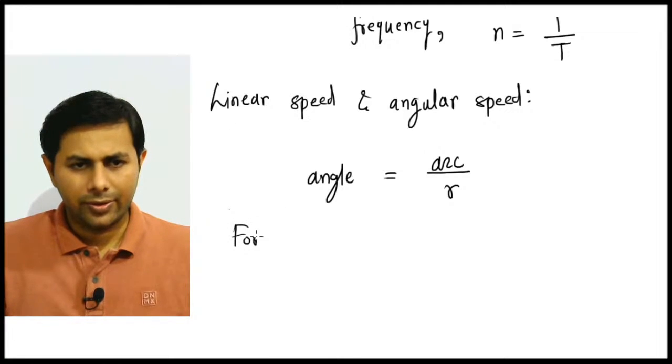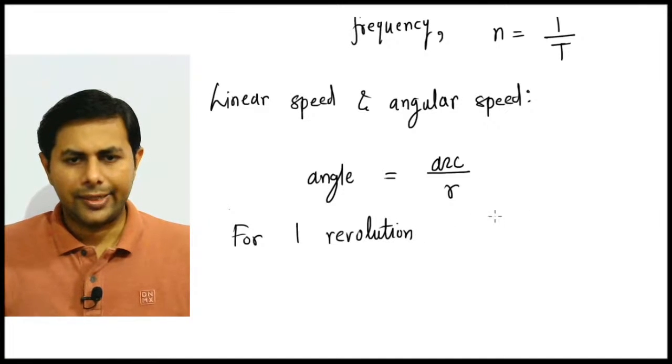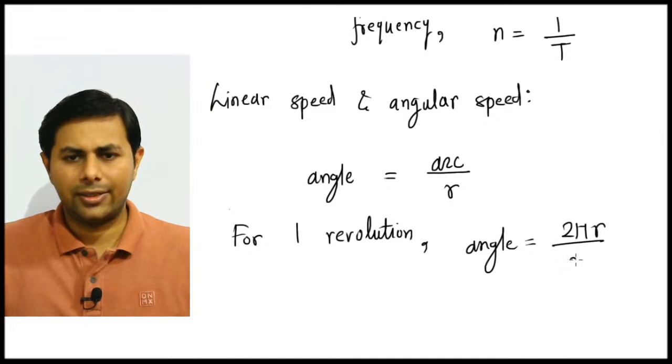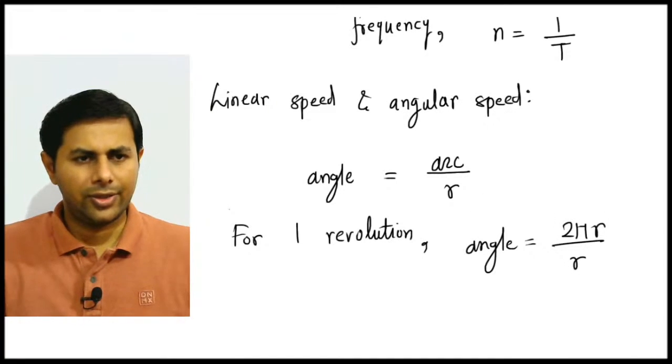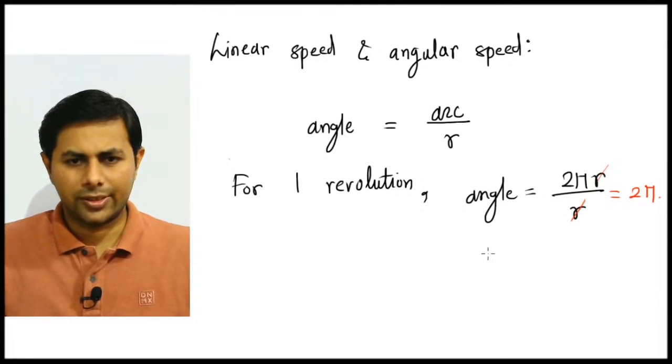So for one revolution, angle covered will be equal to what? Arc length 2 pi r divided by r. Okay, so r and r get cancelled out. So angle covered is 2 pi. And suppose this is theta.